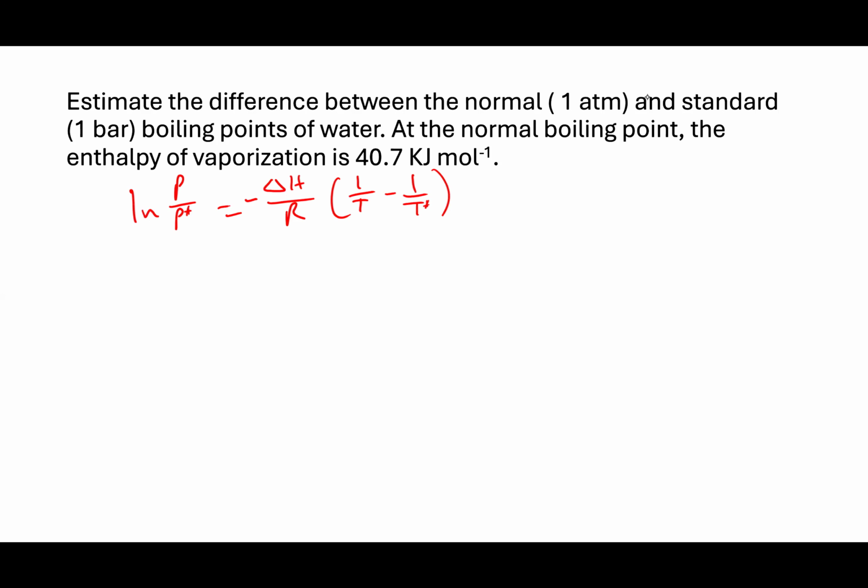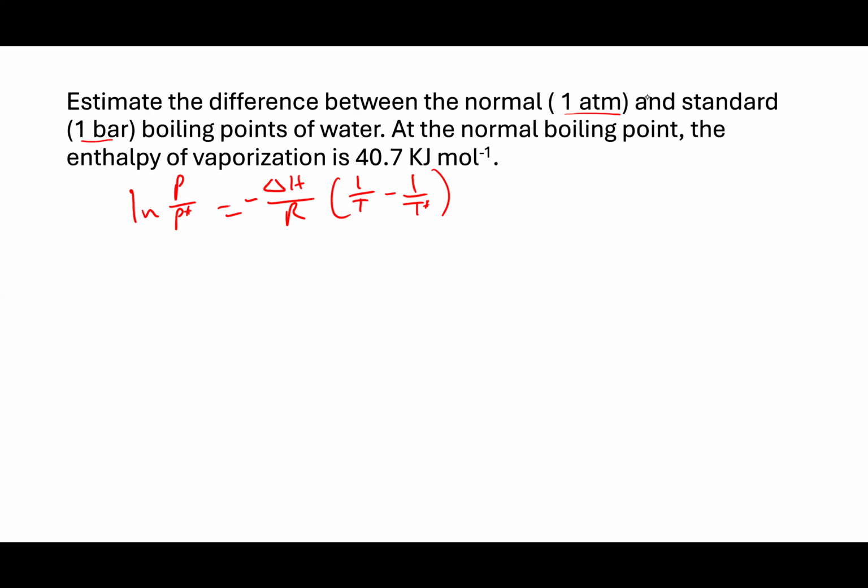Okay, so let's start putting these things in. Now, for our pressures, here's the main thing: this is in atmospheres, this is in bar. We can't just put those in willy-nilly because they're two different units.